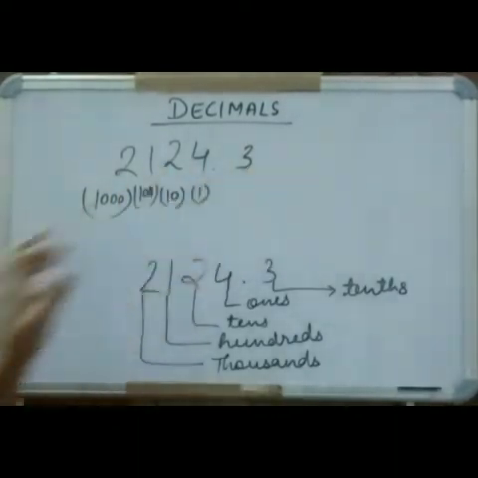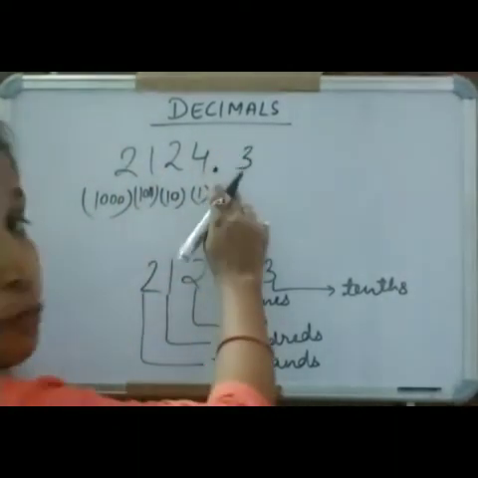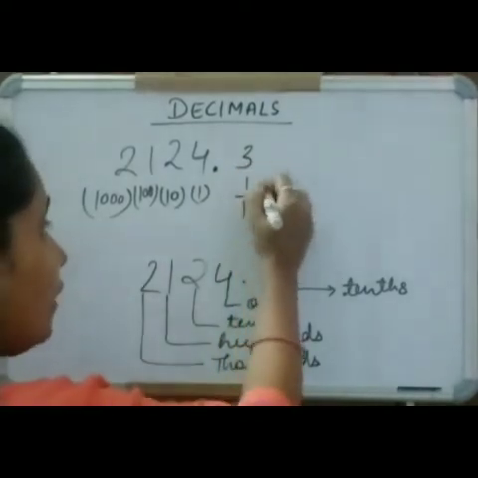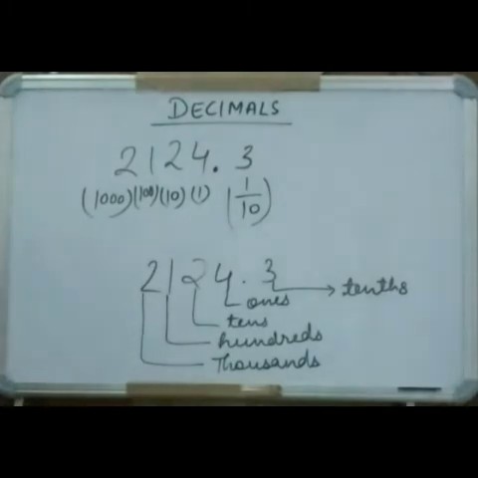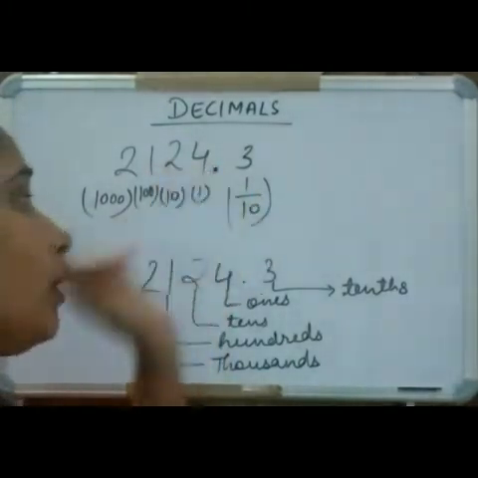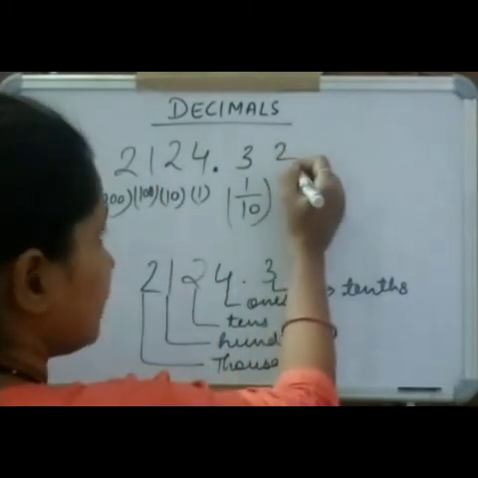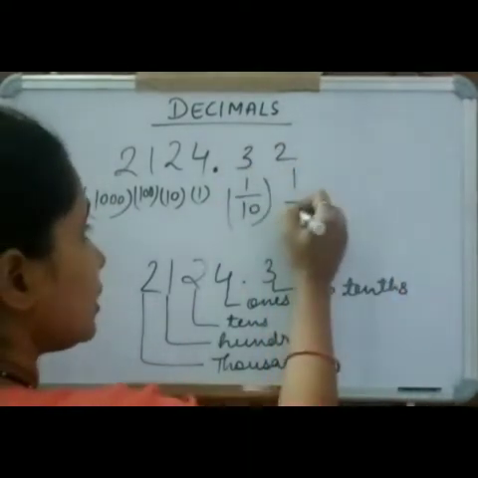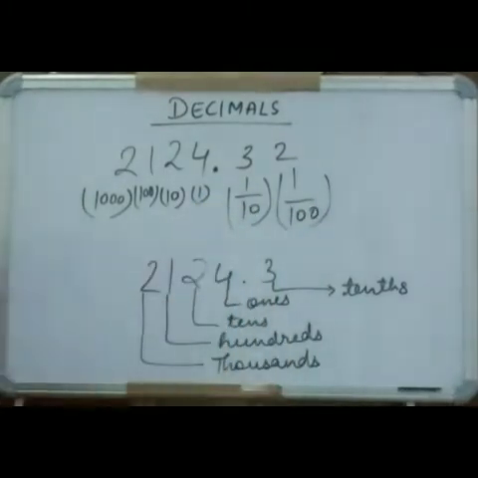But after the decimal, that is after this point, this number will have a place value of 1 upon 10. And if there is a next number after the decimal, it will be 1 upon 100.